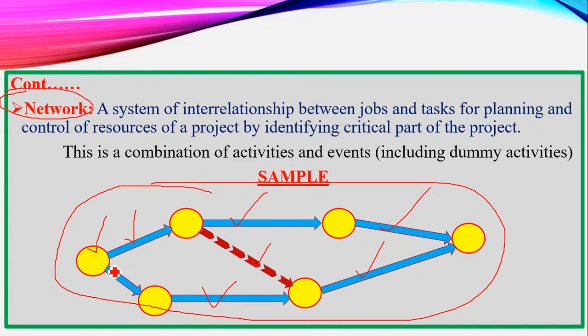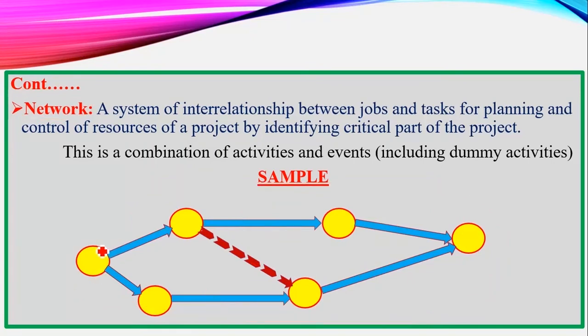As you can see, for every activity there is an event at the beginning and an event that is following. For every activity here there is also another event here. For this one, there is another event here. So the simple definition that you can give to a network is that it is a combination of activities and events, including dummy activities.